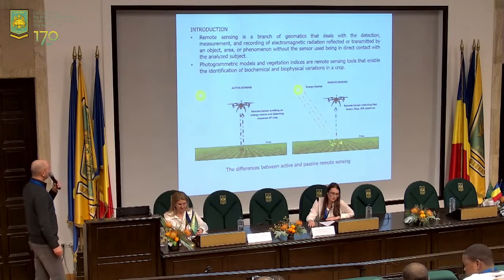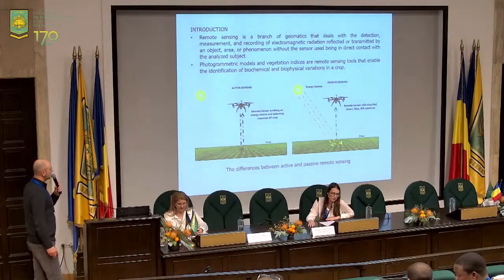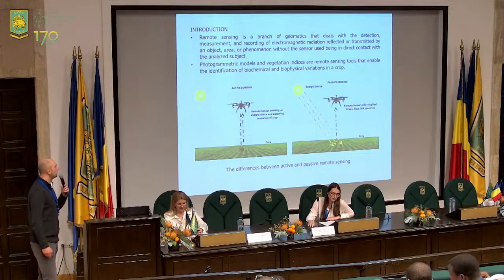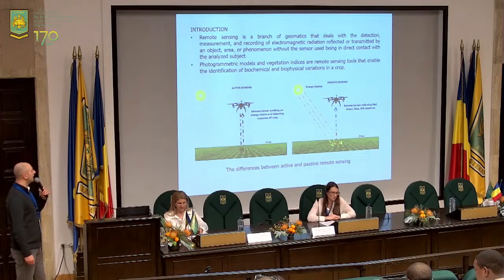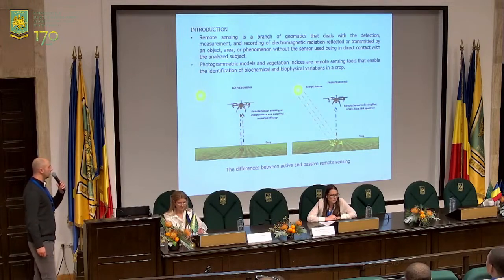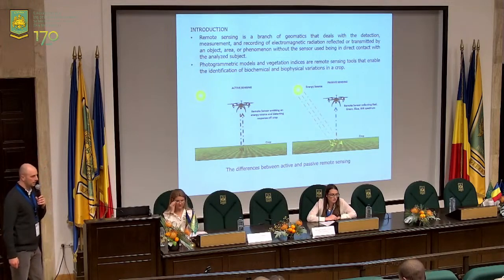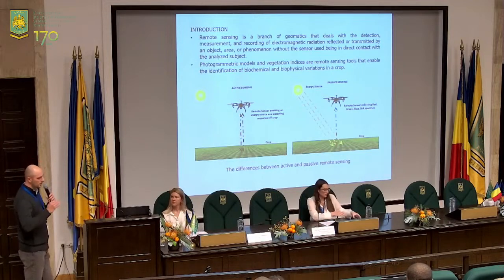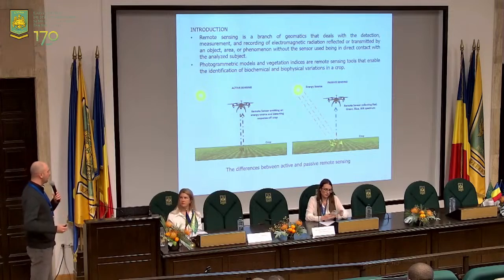A short introduction about remote sensing. It's a branch of geomatics that deals with the detection, measurement, and recording of electromagnetic radiation, reflected or transmitted. It's important that the sensor is not in contact with the plant.